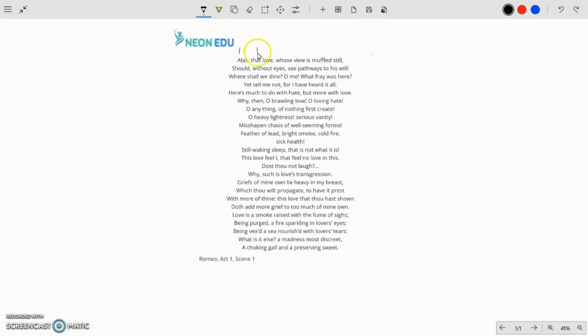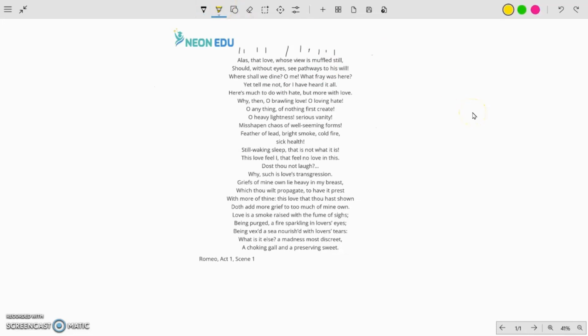"Alas, that love whose view is muffled still." There is 10 syllables, 5 pairings of stressed and unstressed syllables, giving it that poetic rhythm.